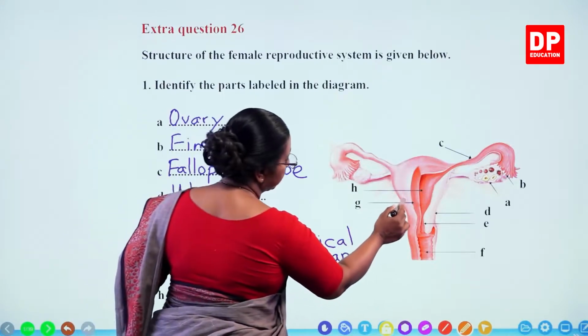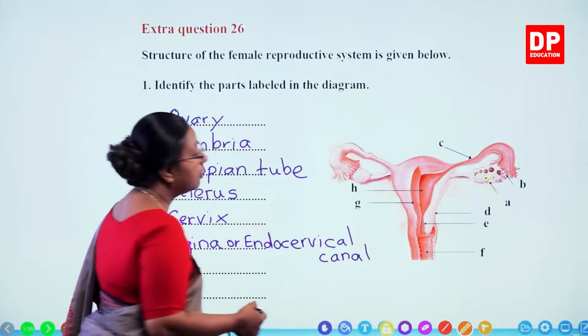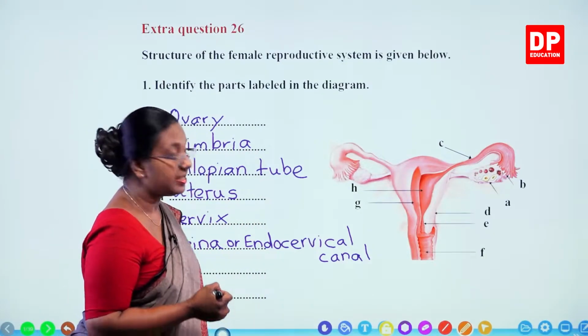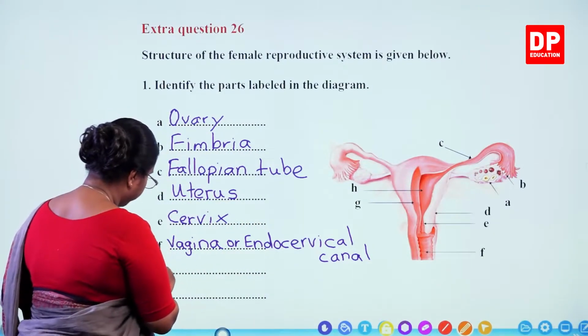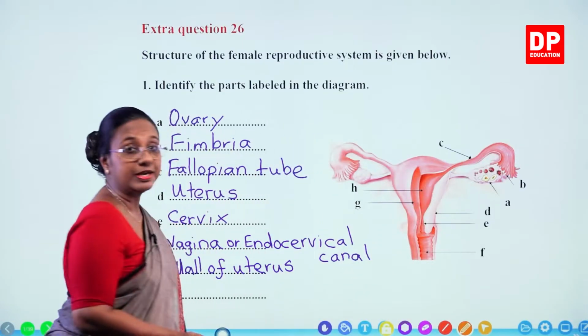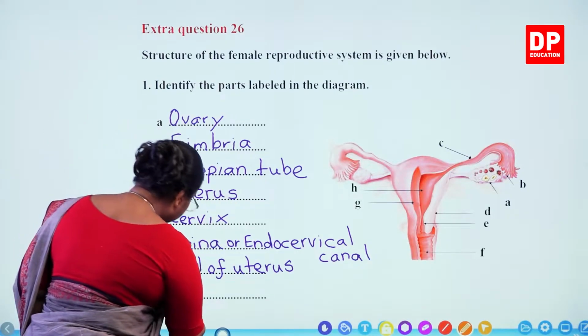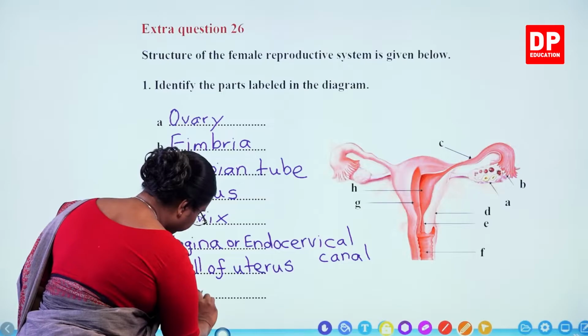Then what is G? You all can see this is the uterus and this part is the wall of uterus. G is the wall of uterus. And inside there is the lumen of uterus where the fetus develops. So that's the lumen of uterus.